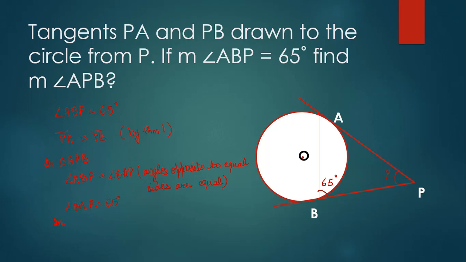Now in triangle ABP, using the angle sum theorem, if we add all the angles, angle A plus angle B plus angle P, then the sum is 180 degrees. Now we know the measure of angle A is 65, measure of angle B is 65, and angle P we do not know.